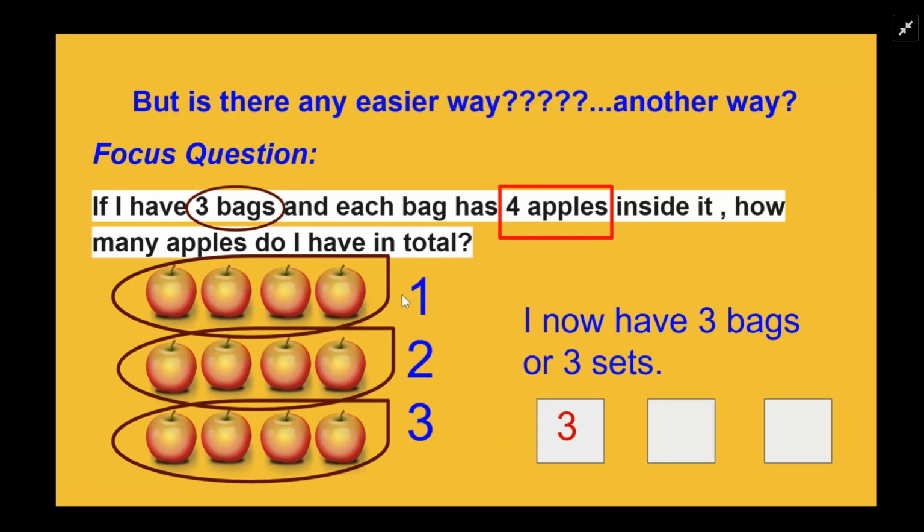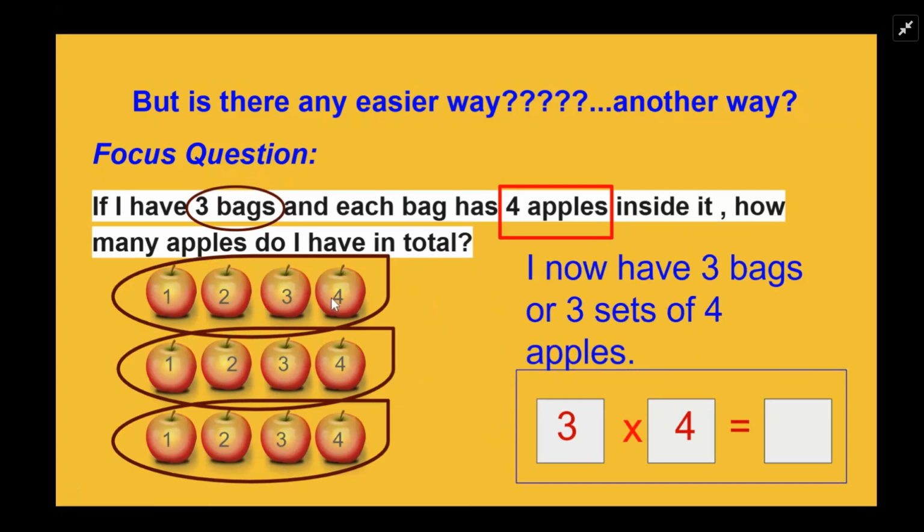Let's think about this. I have 1, 2, 3 bags or 3 sets. And in each of those sets, I have 4 apples. So now I have 3 bags or 3 sets of 4 apples.